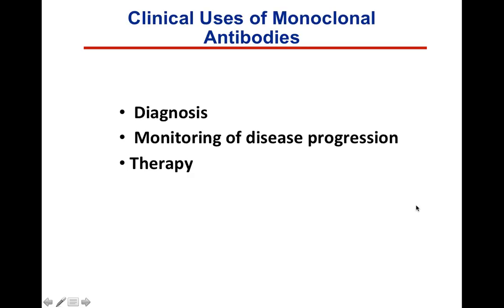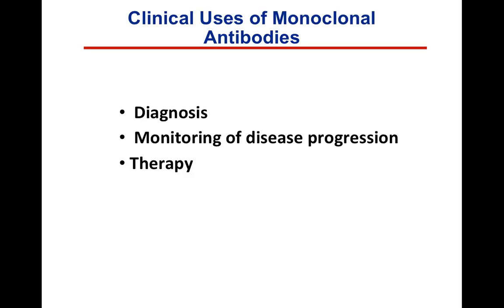So the use of monoclonal antibodies can be in three different areas. We talked about monoclonal antibodies before. They bind one antigenic determinant. You can use them for diagnosis, for example, to see if the tumor has that antigen on its surface, by using a variety of different diagnostic means.